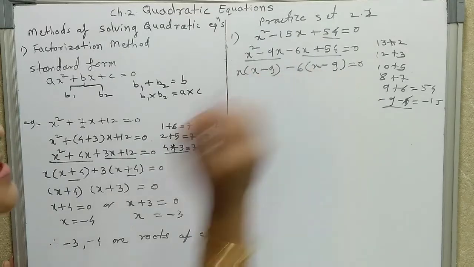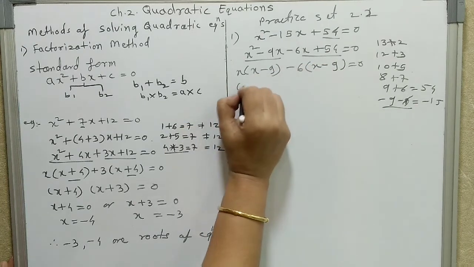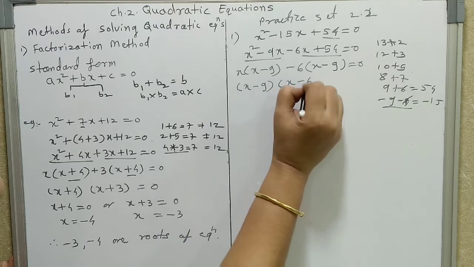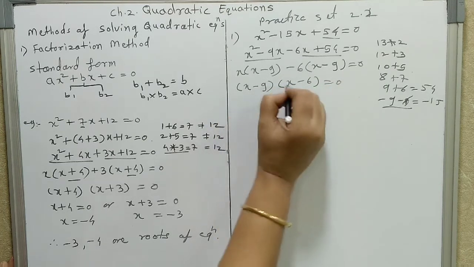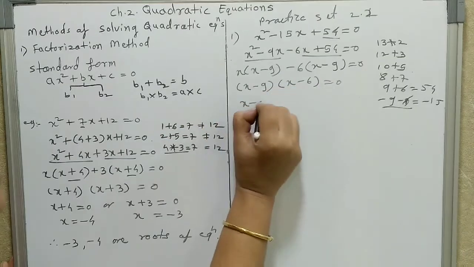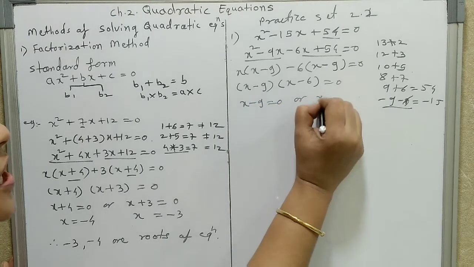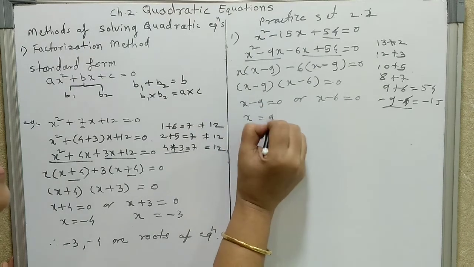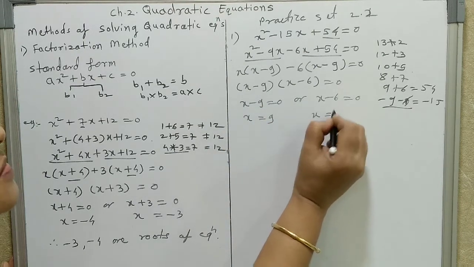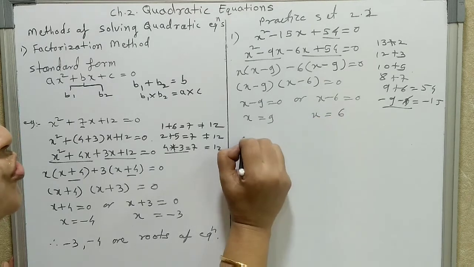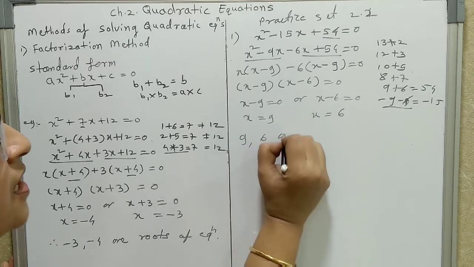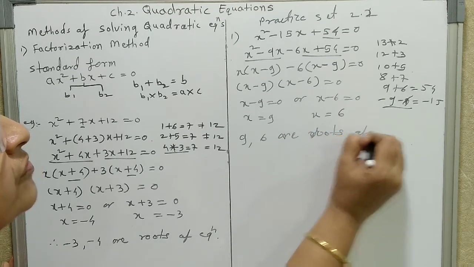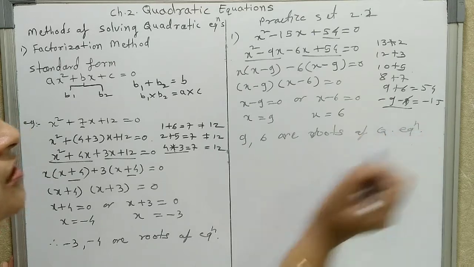Now see, these two brackets are the same, so take this bracket common: minus 6 remains, and x minus 6 equal to 0. So here the sign becomes multiply, so x minus 9 equal to 0 or x minus 6 equal to 0. So here 9 is minus, on that side it becomes plus, and here also minus 6, on that side it becomes plus. So 9 and 6 are the roots of the quadratic equation.